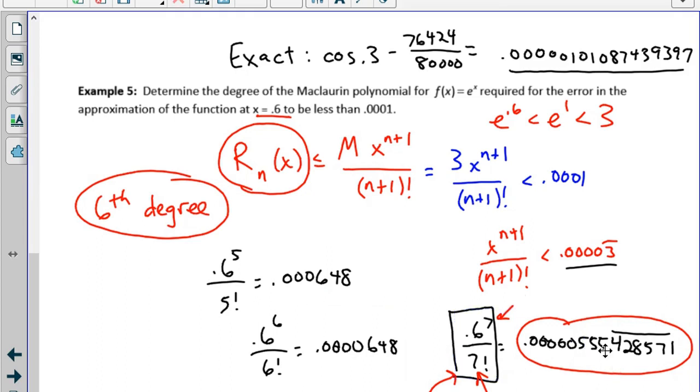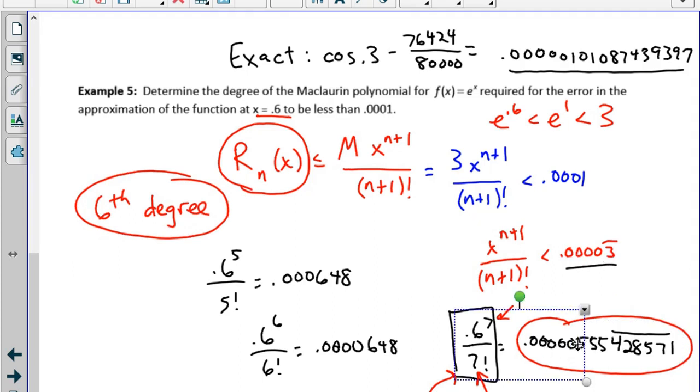So the degree of the Maclaurin polynomial is actually a 6-degree polynomial, because when I substitute in n equals 6, I get these 7s here. So the next term would be the 7th term, or the 7th degree. And so as a result, my 6th degree polynomial will be the winner, where my error is less than 0.0001, which means that this is less than 0.00003 repeating.